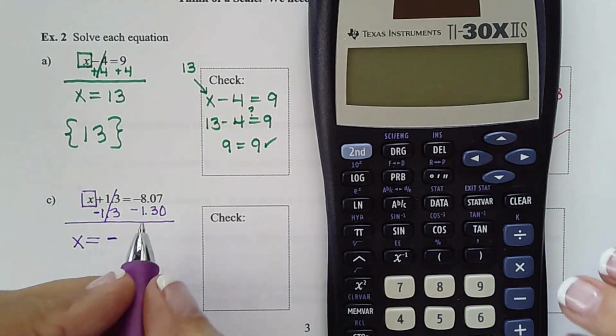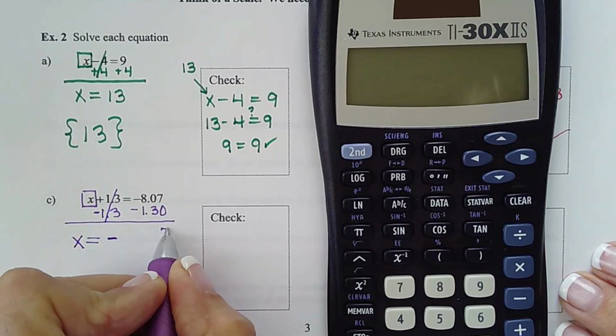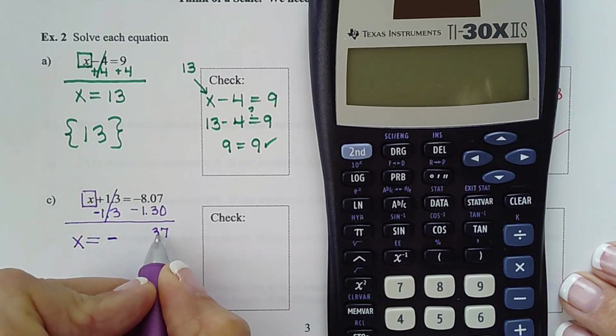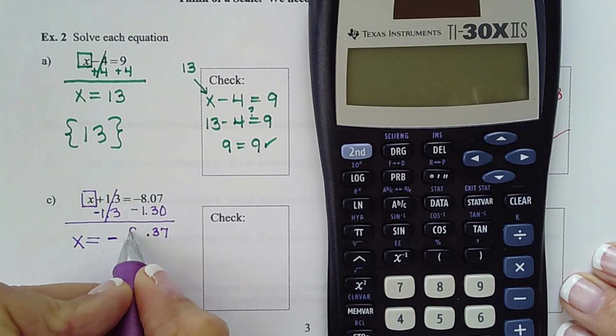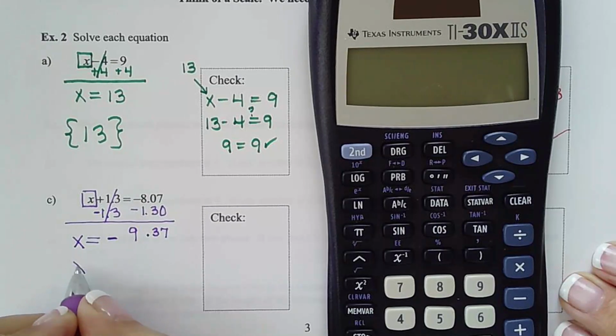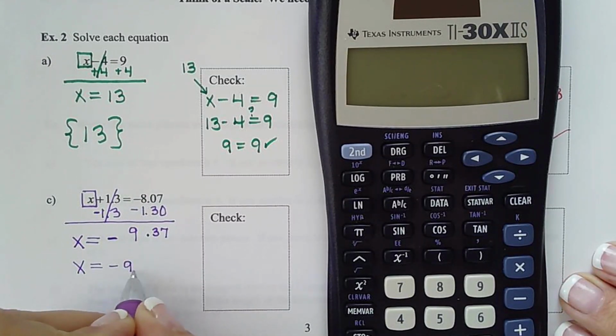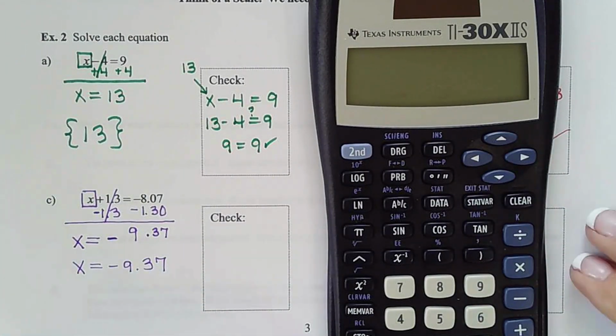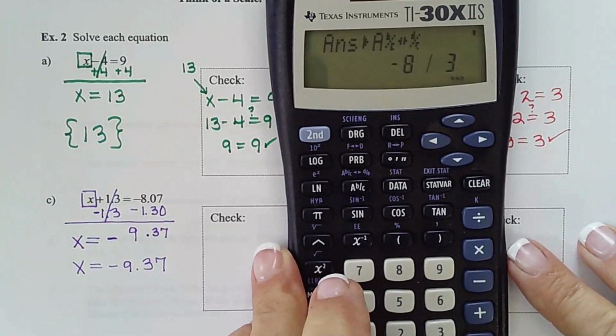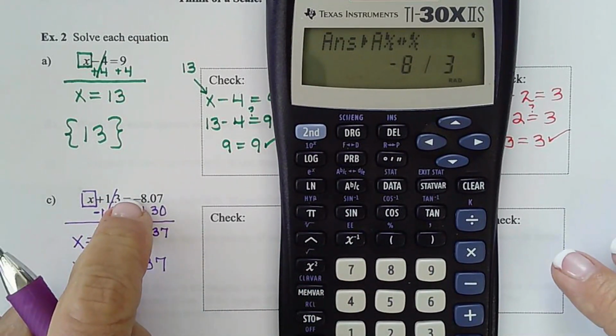I'll keep that there. 7 plus 0 is 7. 0 plus 3 is 3. Decimal straight down. 8 plus 1 is 9. So negative, that looks kind of creepy looking, doesn't it? All disjointed. Negative 9.37.